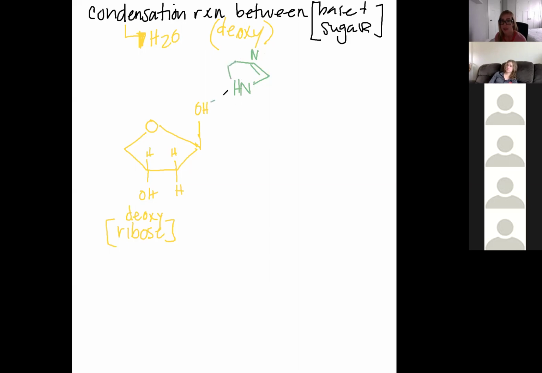Okay, this is where you'll have it. And again, we're going to be losing this H to OH component. That's what is lost, and that's how we see all of our sugars, or all of the bases, with that N drawn in.